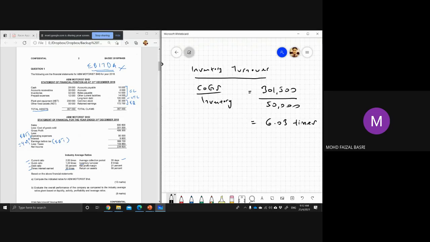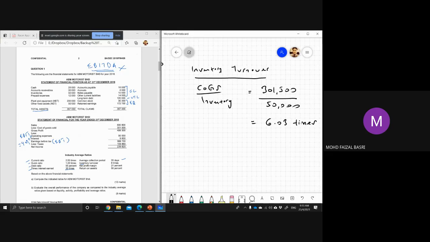And the industry average is 8 times. Let me check it again. So what does it mean?